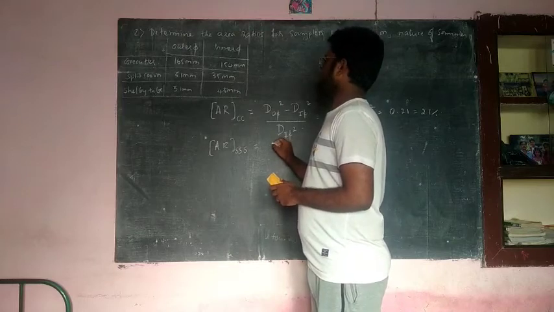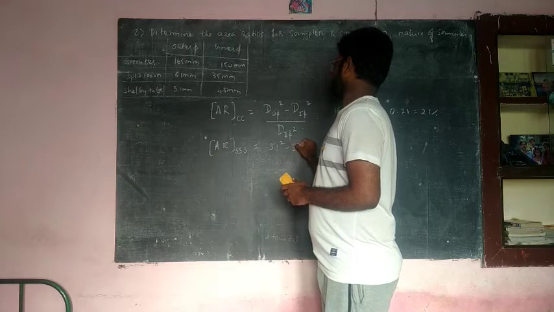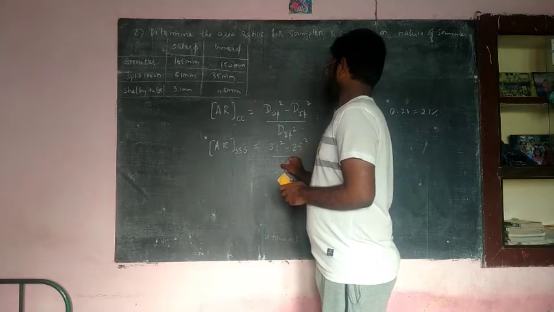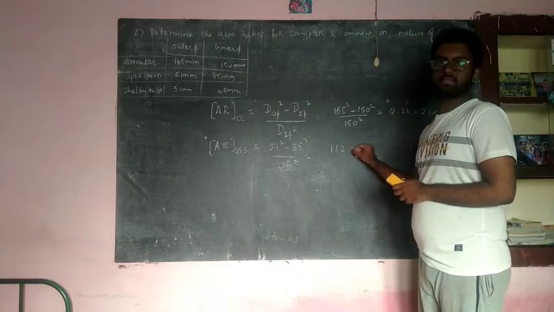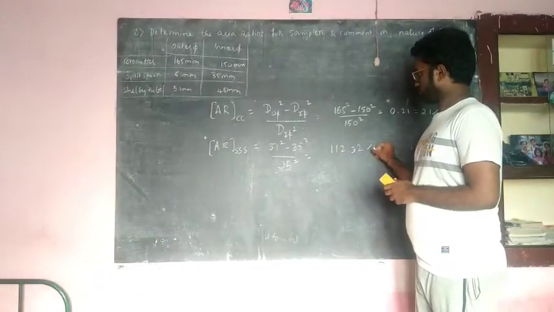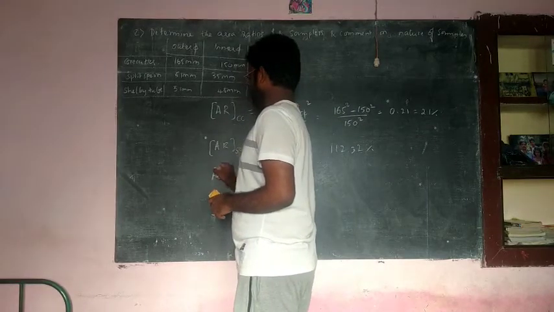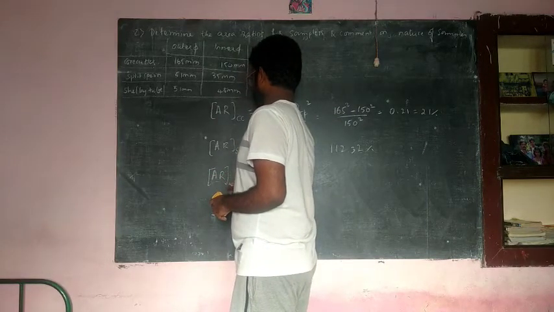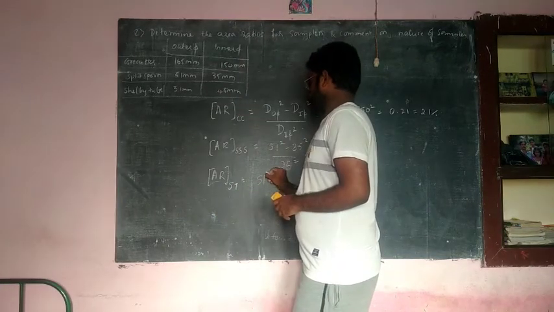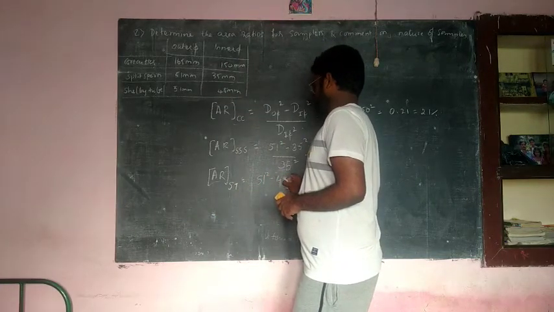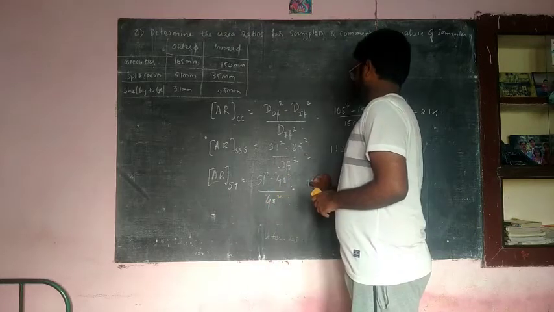Outer dia is how much? (51 square minus 35 square) upon 35 square, which is 112.32. The area ratio of the Shelby tube sampler is how much? (51 square minus 48 square) upon 48 square is 12.8%.